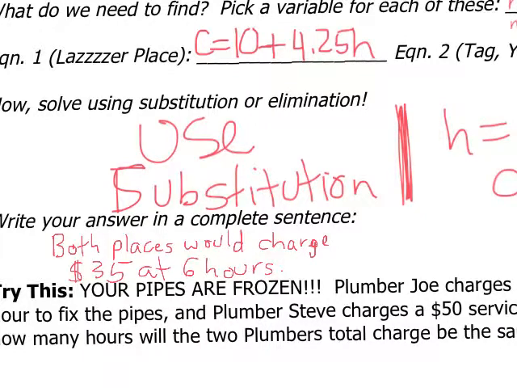Your sentence may not look exactly like mine, and that's okay. Just as long as you put it in some kind of context about 6 hours of play and the cost, and that's when the two places are the same.